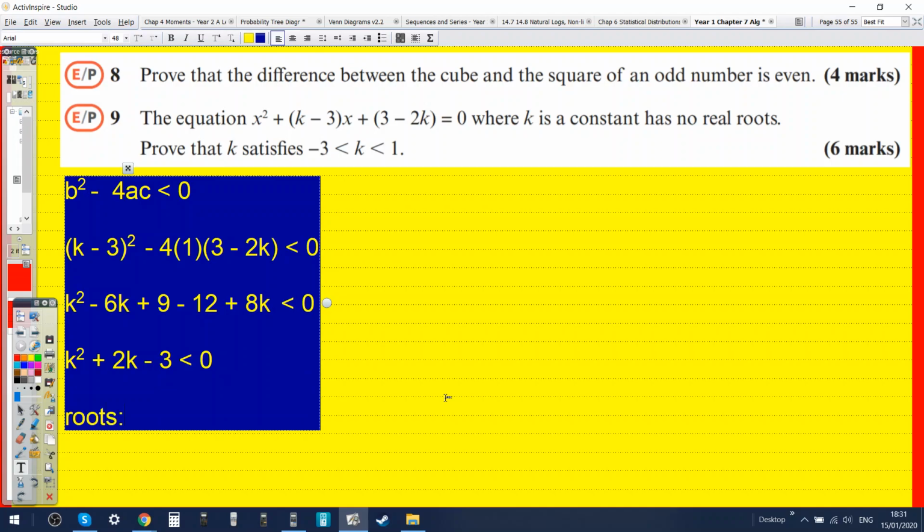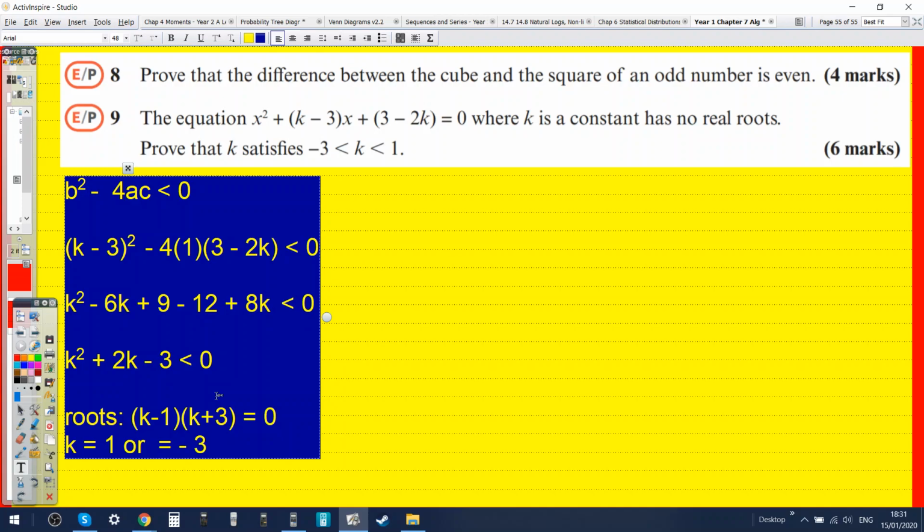So we get k minus 1 and k plus 3. And that means that k is equal to 1 or k is equal to minus 3. So k equals 1. K equals minus 3.